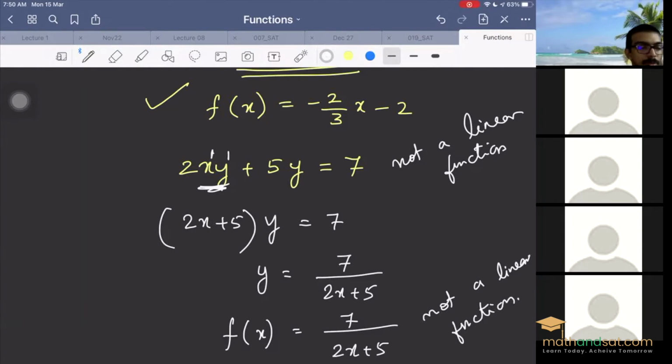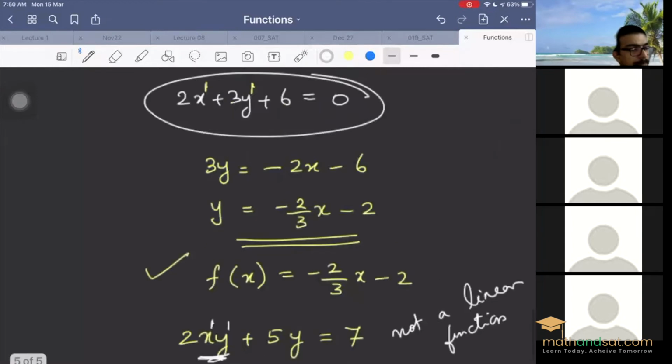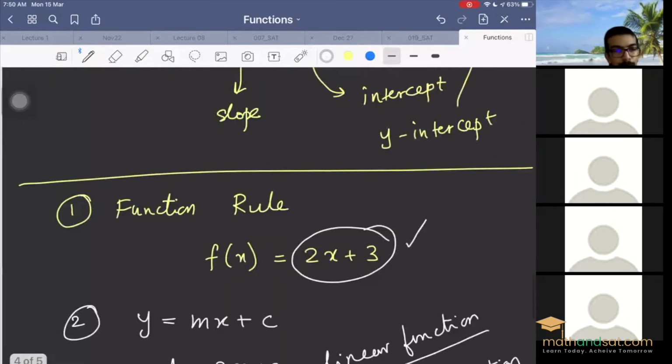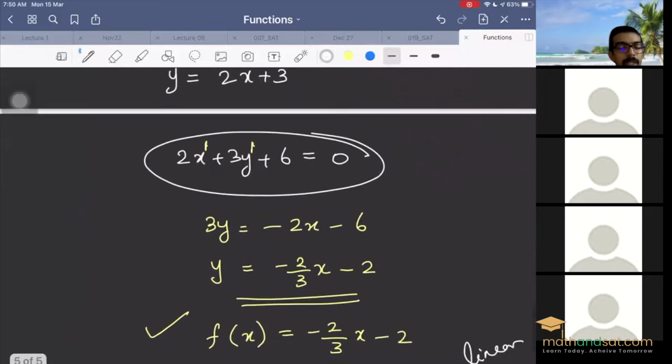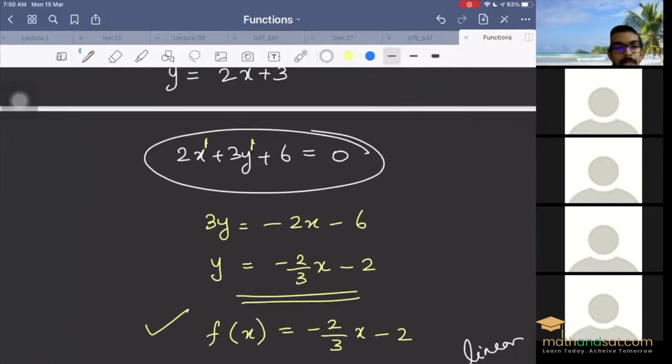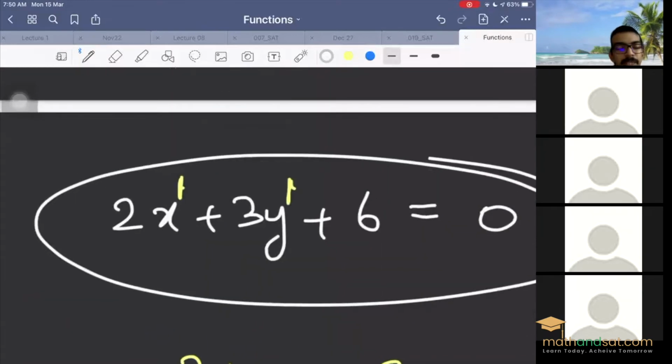Cool. So first way is just by looking at the function rule. Second way is by looking at the equation that gives the relationship between the input x and output y. If that is a linear equation in both x and y, that is going to be a linear function.